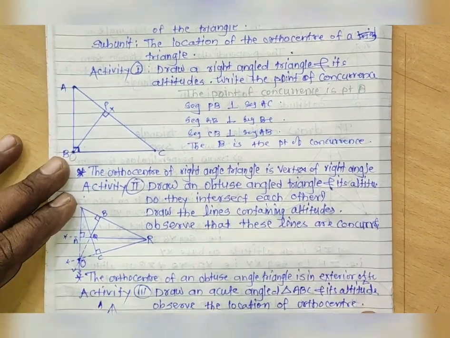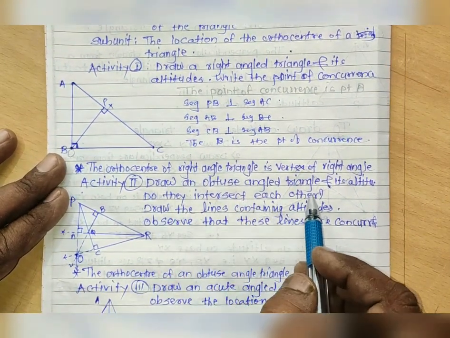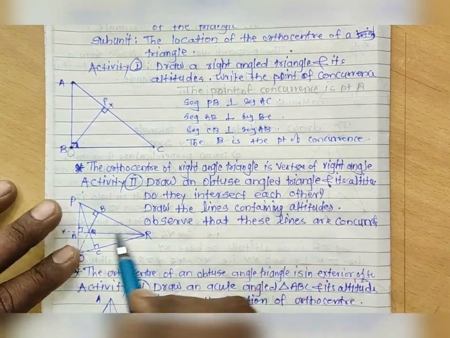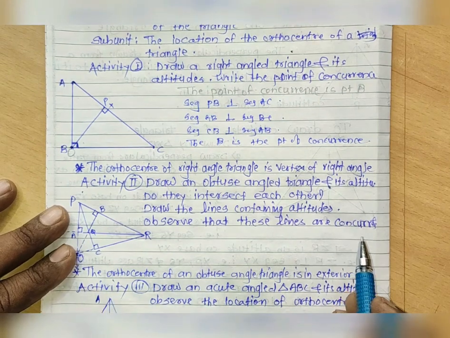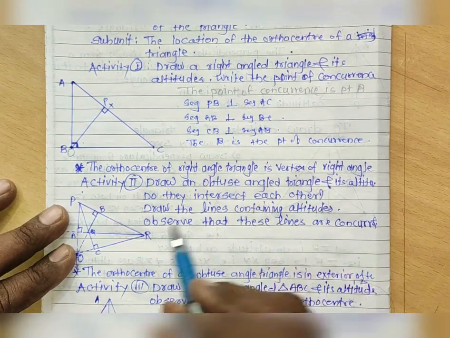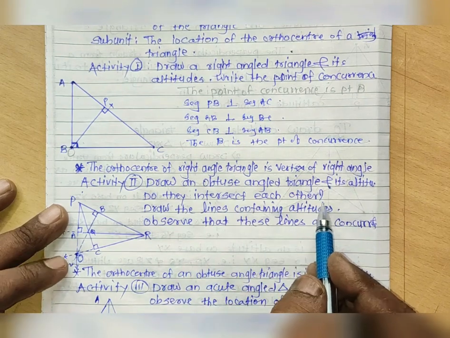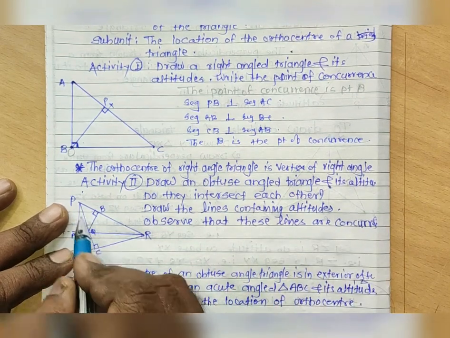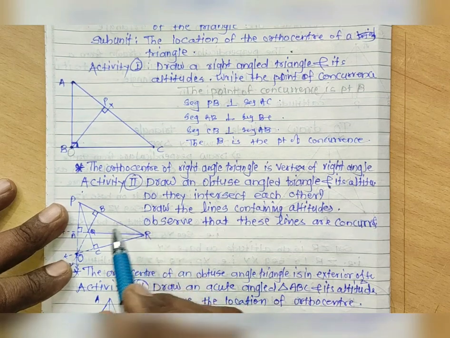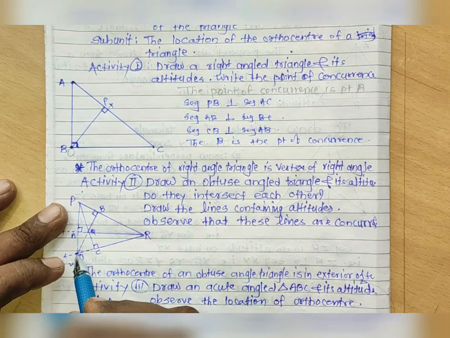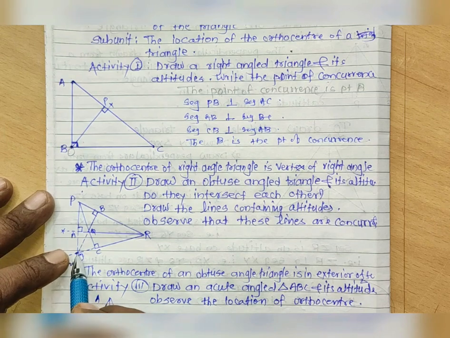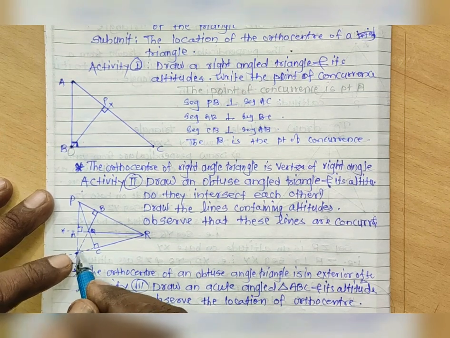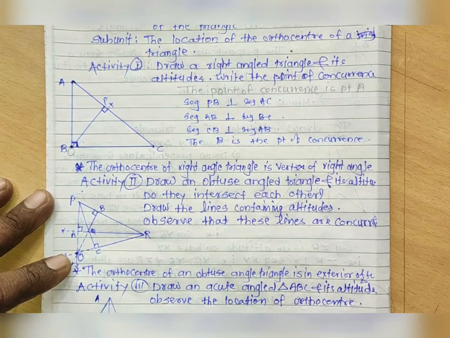Now second activity: draw an obtuse angle triangle and its altitudes. Now this is the obtuse angle triangle PQR, means angle Q is greater than 90 degrees. Though they do not intersect each other, if you draw the altitudes from each side, and if you draw the lines containing the altitudes, those lines meet at this point O, and that O is nothing but the orthocenter, and that orthocenter is situated outside the triangle.